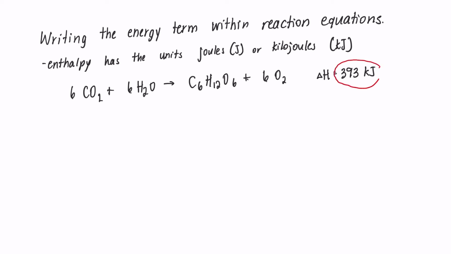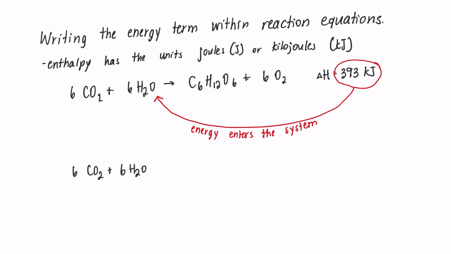So this is a positive delta H, which means it is an endothermic reaction, and the energy enters the system. So we can now rewrite this equation as carbon dioxide plus water plus 393 kilojoules forms glucose and oxygen.